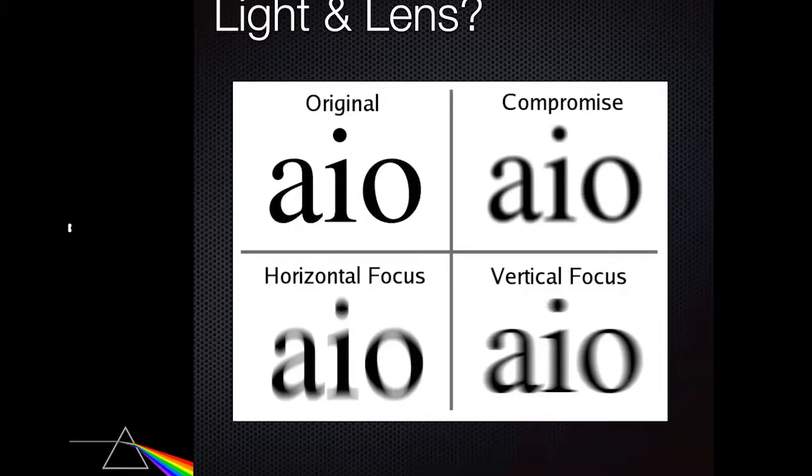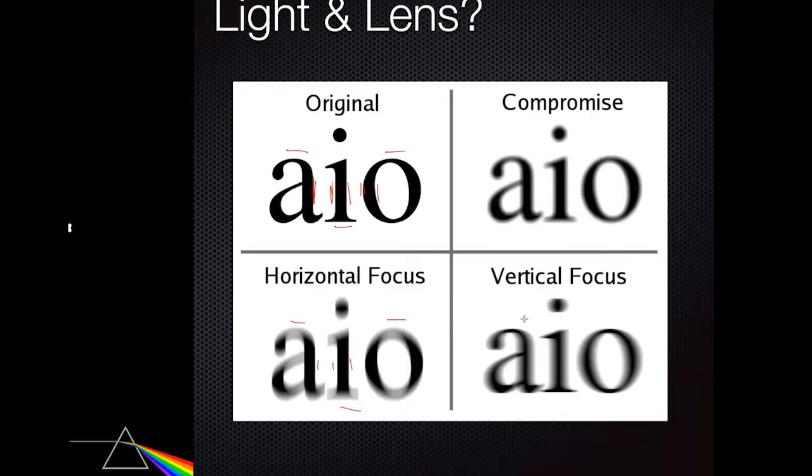So you can see here these three letters, A, I, and O. And if you take a look at, in this case, the side of the letter A, there's a vertical line, the side of the I, and even the sides of this letter O. And if you look down here, they are sharp. But if you look at the horizontal lines, they're blurry. How weird is that?